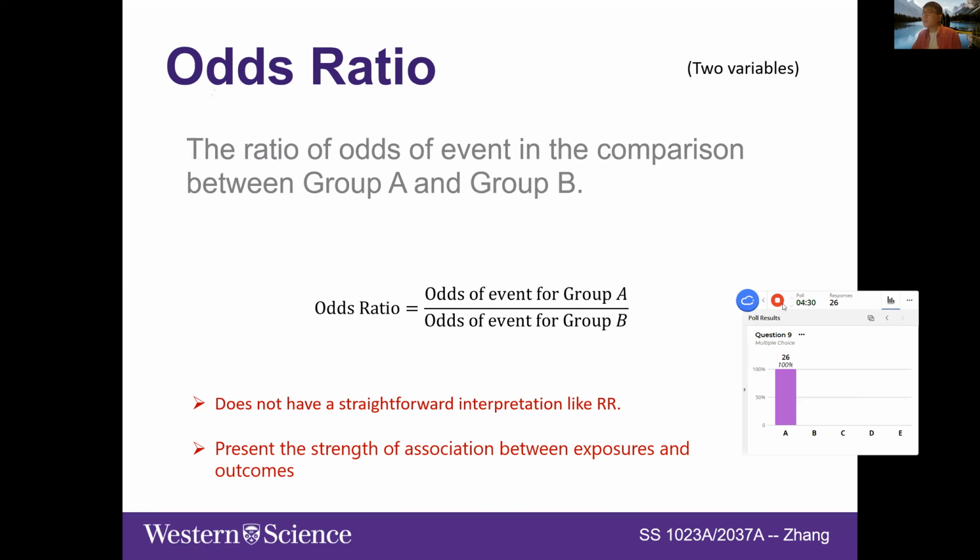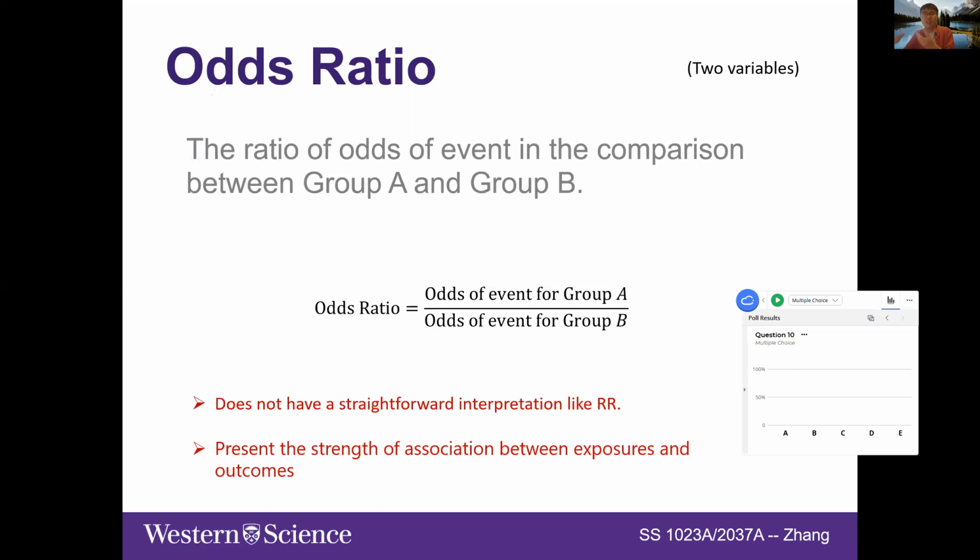The thing about the odds ratio is that it is not as straightforward to interpret as the relative risk. The relative risk tells us, if we change from group B to group A, what's the change of our risk. For the odds ratio, you can say, if we change from group B to group A, what's the change for the odds? But what does it mean for the change of the odds?